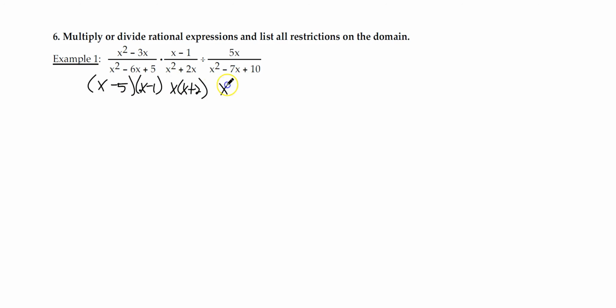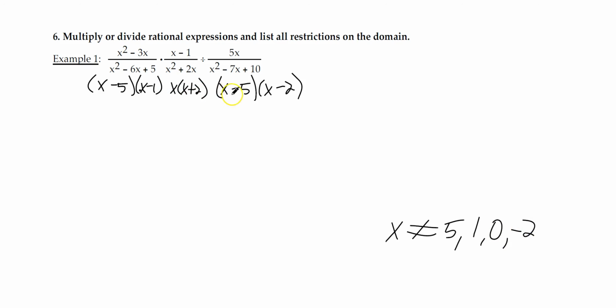And this one is x minus 5, x minus 2. So x cannot equal 5, 1. Just a single x, that would be 0, can't be 0. Negative 2. 5 again, positive 2. Lots of restrictions.